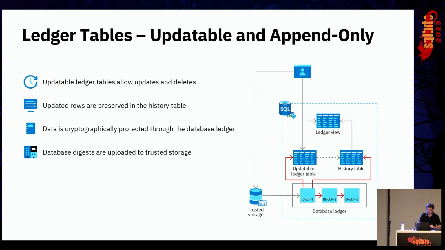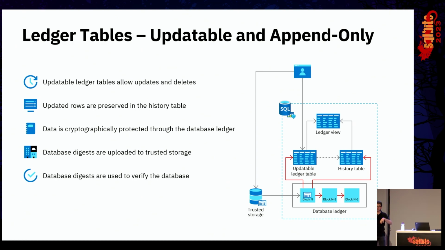Later, an auditor or third-party customer can say, I want to verify the integrity of the data in this database. What happens then? The system recomputes all these hashes. We use Merkle tree data structures under the covers. And these hashes are compared with what is stored in this external trusted storage.